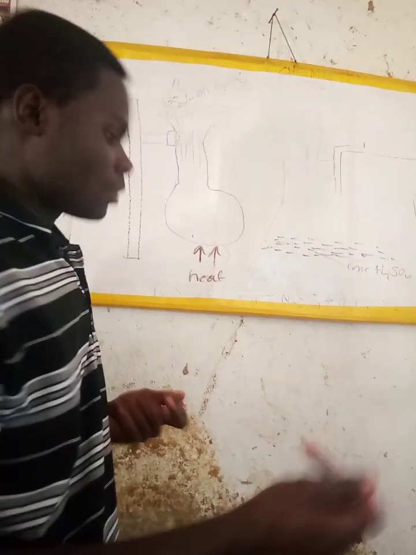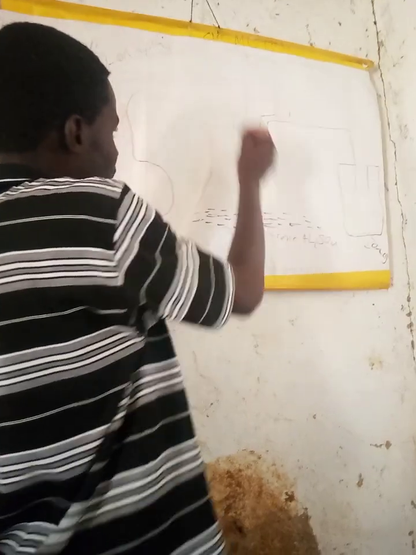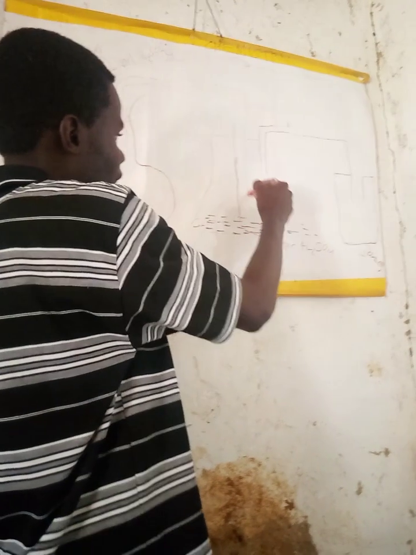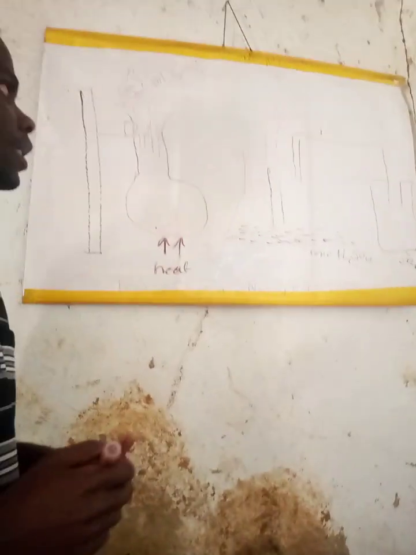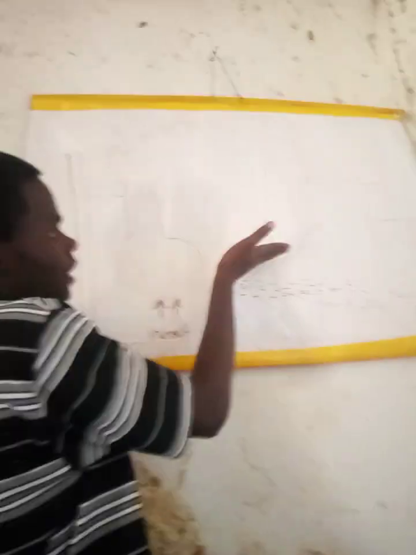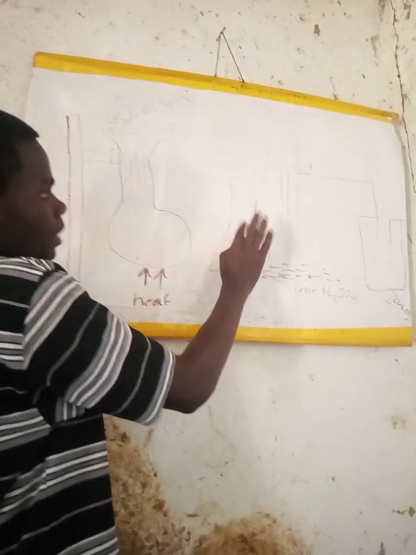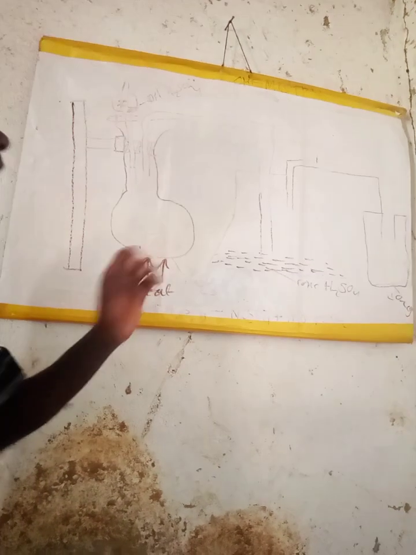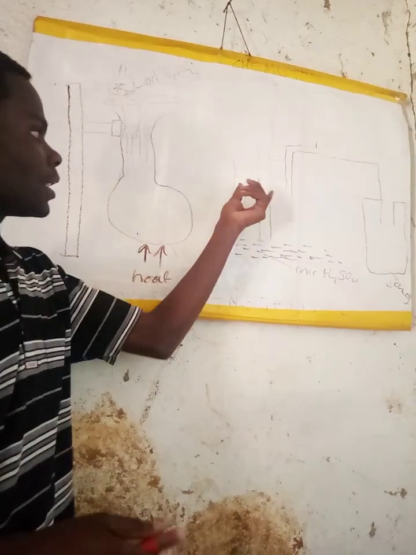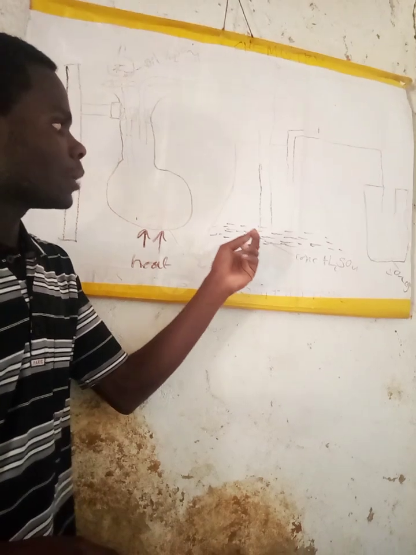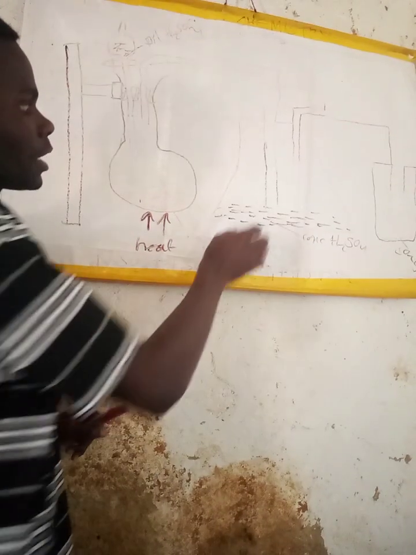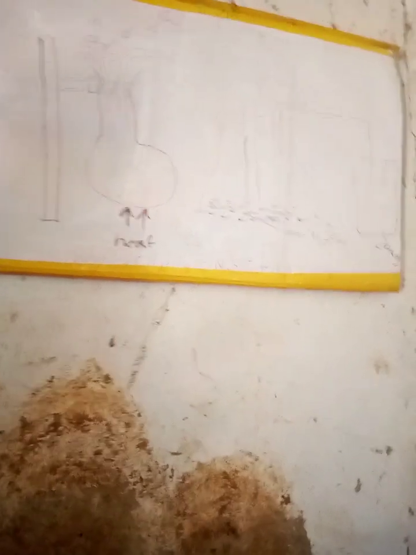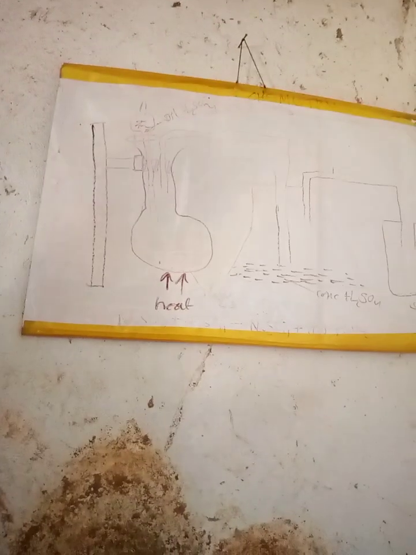The first thing to take note of is this delivery tube: you should dip it inside the concentrated sulfuric acid. If you leave it hanging upward, that is a mistake. You should drop this delivery tube inside this volumetric flask. This is where the examiner is trying to see whether the student knows what he or she is doing or not.